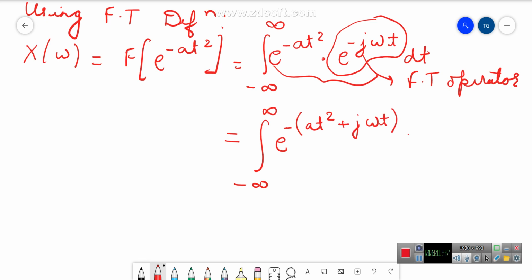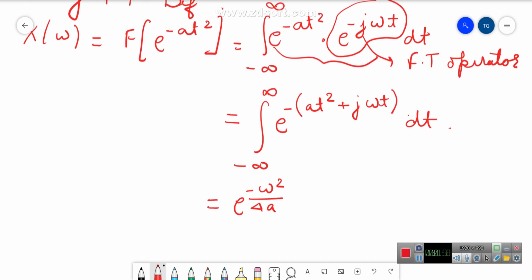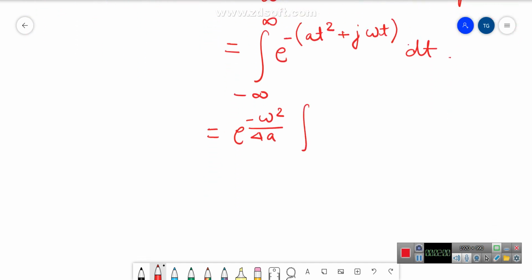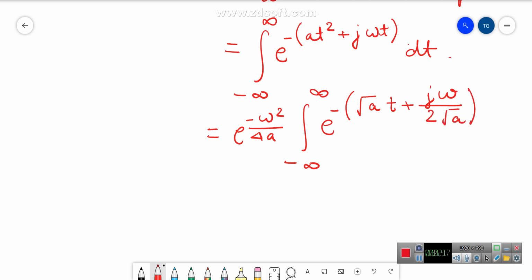Now taking e to the power minus omega square by 4a common from this, we will get this thing as e to the power minus under root of a into t plus j omega by 2 under root of a, whole square.